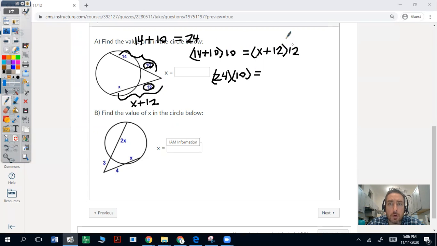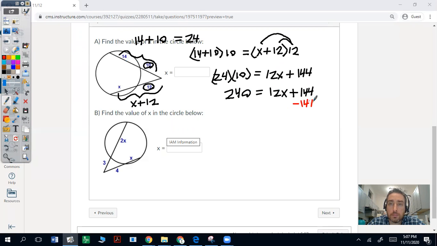I'm going to distribute that 12 into both of those. So it's going to be 12x plus 12 times 12 is 144. So 240 equals 12x plus 144. So solve that out for x. And that's going to give you, you can check that in the calculator, it should be 96.